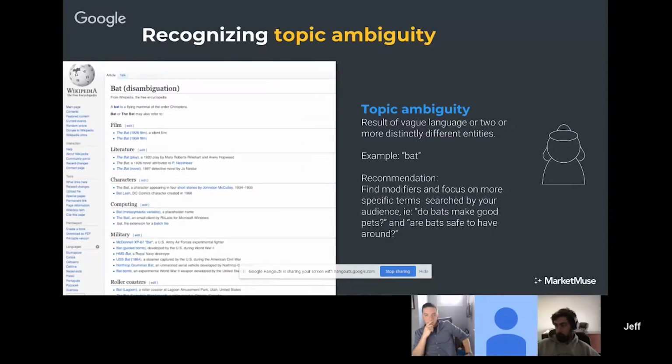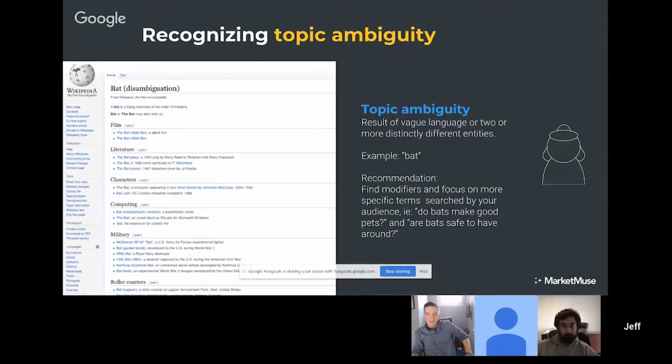And it's not this. This is what I commonly get when I'm talking about this: okay, well, is this like the word bat? It's got a lot of different meanings. Nope, it's not that, it's a completely different sentiment. So if your topic has multiple meanings, it's ambiguous meaning. There's some really nerdy phrases for this.